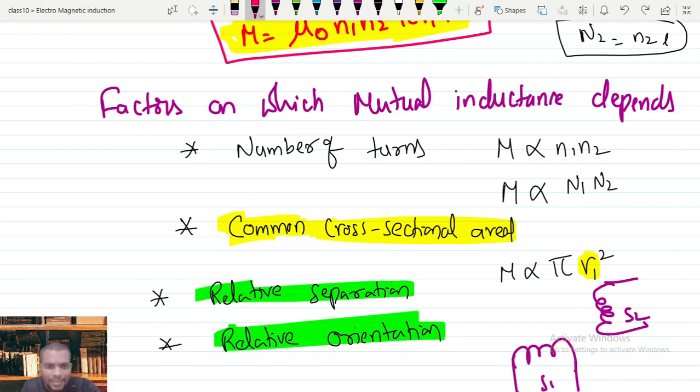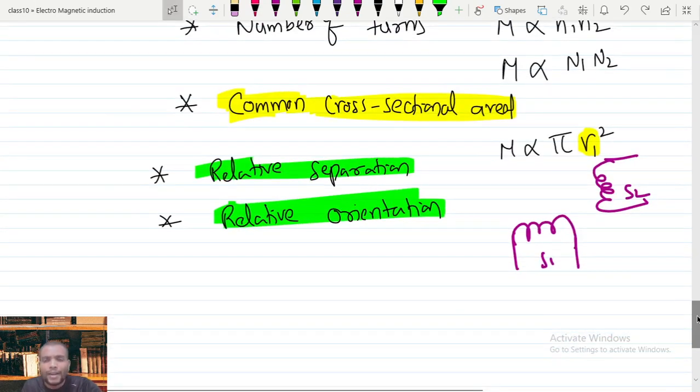And not only that, the relative separation: if the two coils are too far, meaning they have a certain measurable gap, then the mutual inductance decreases. These two factors are not included in the formula, but they are geometrical structure factors.